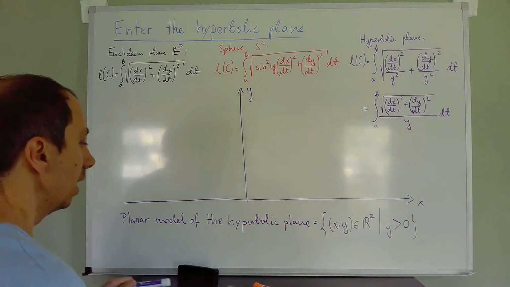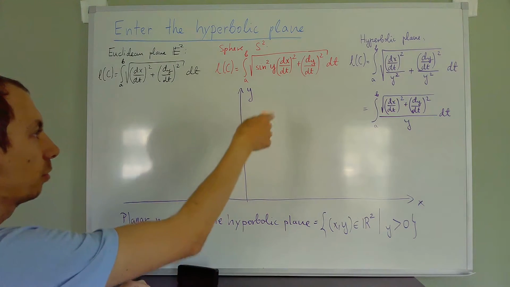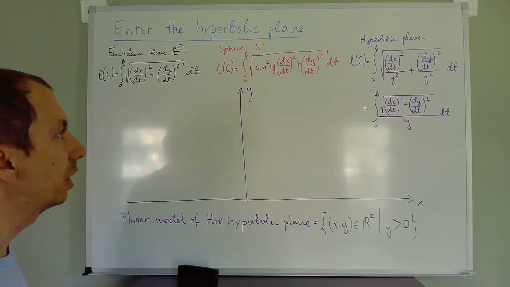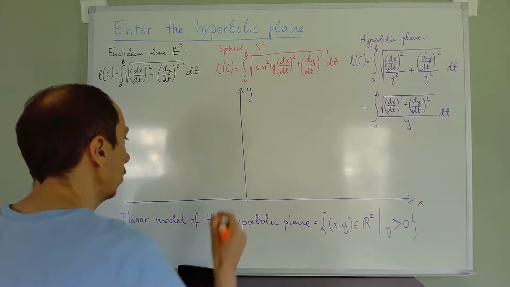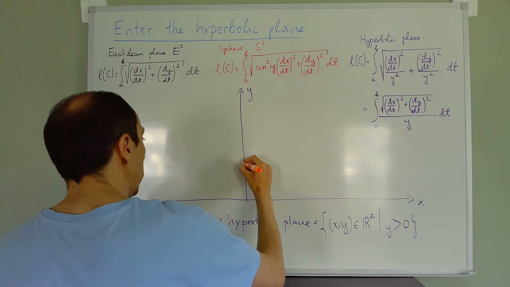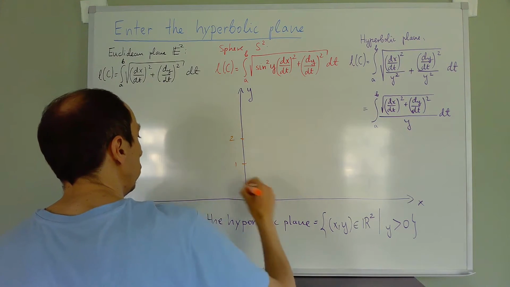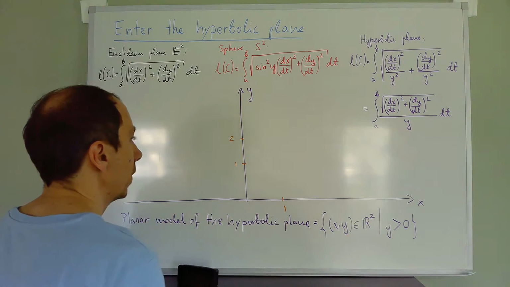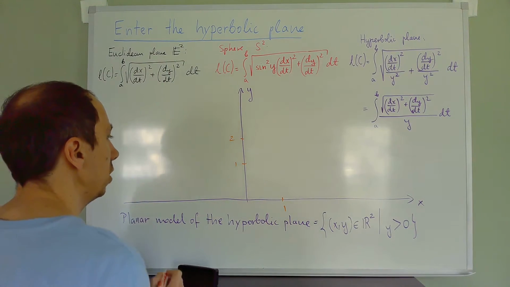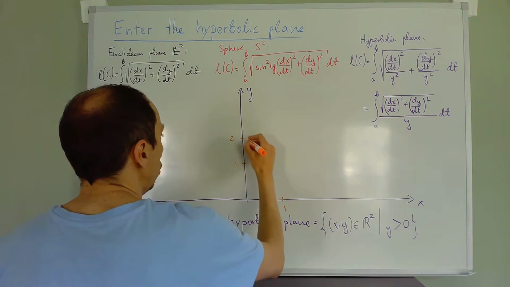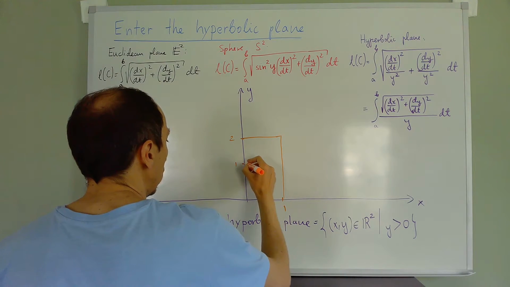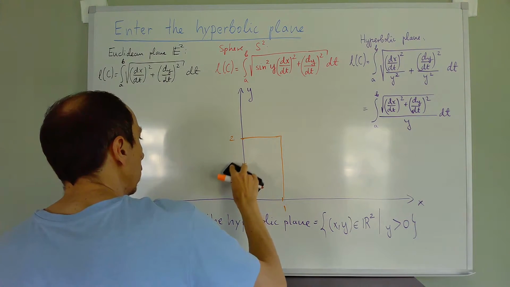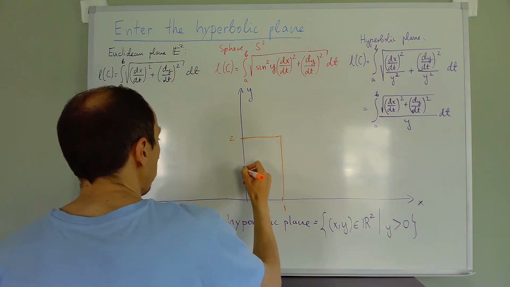So let's see how the various distances look on the hyperbolic plane. Let's look at some points here, maybe 2 squares.